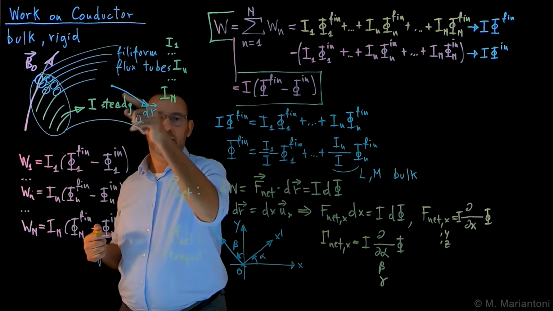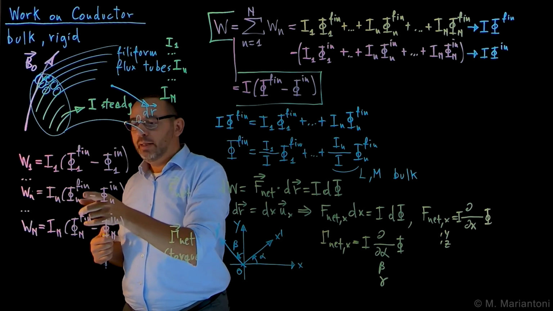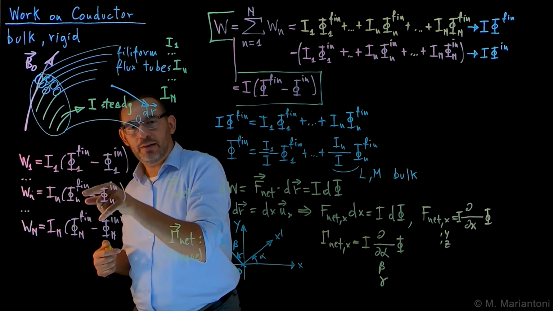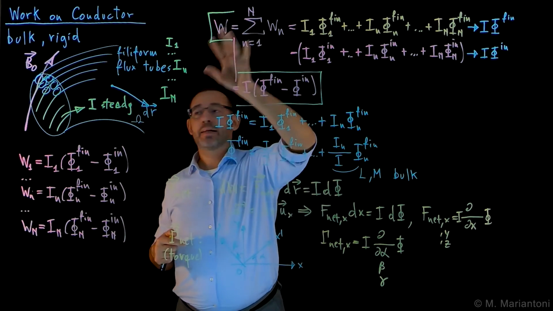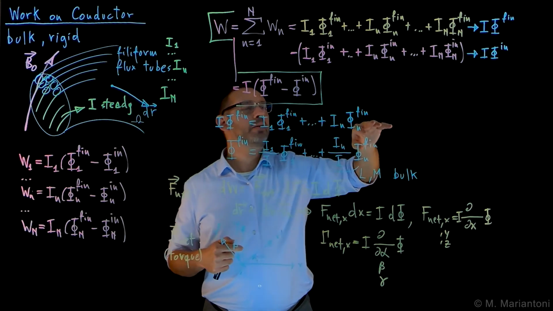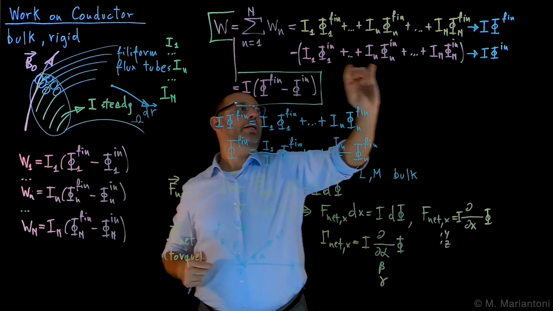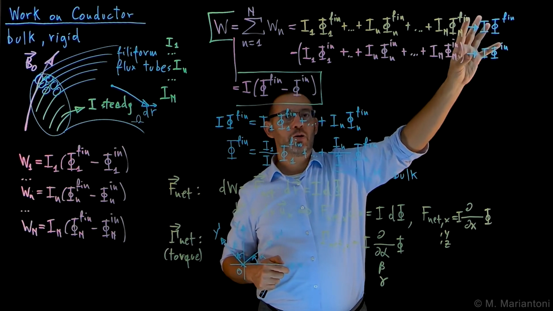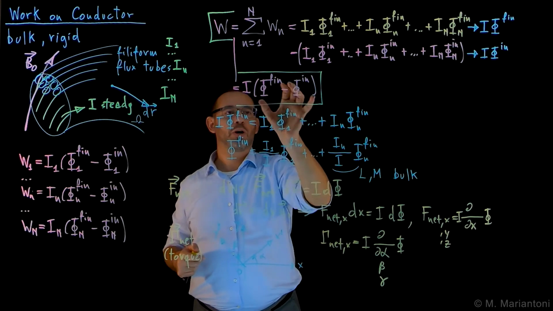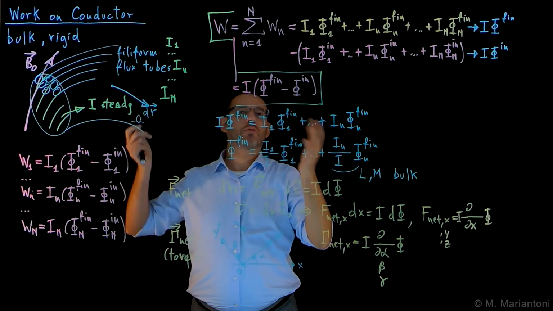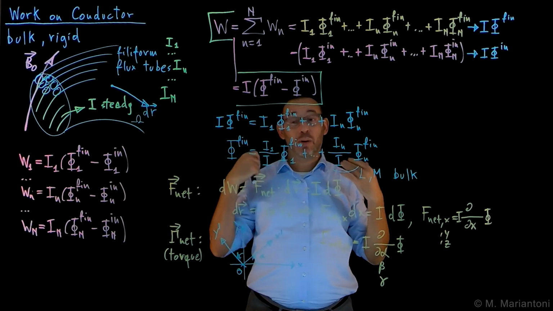So it's the current on that tube, for example the nth one, times the nth flux linked with that tube at the final configuration minus the initial configuration. I sum it up. Of course, it could be an integral if I went to an infinite set of tubes. And so then I make these two new definitions, and again, I know that people make mistakes here, it's just a definition, which allows us simply to rewrite the work in this fashion, which is similar to the one we found before, but now we generalize to the case of bulk conductors.